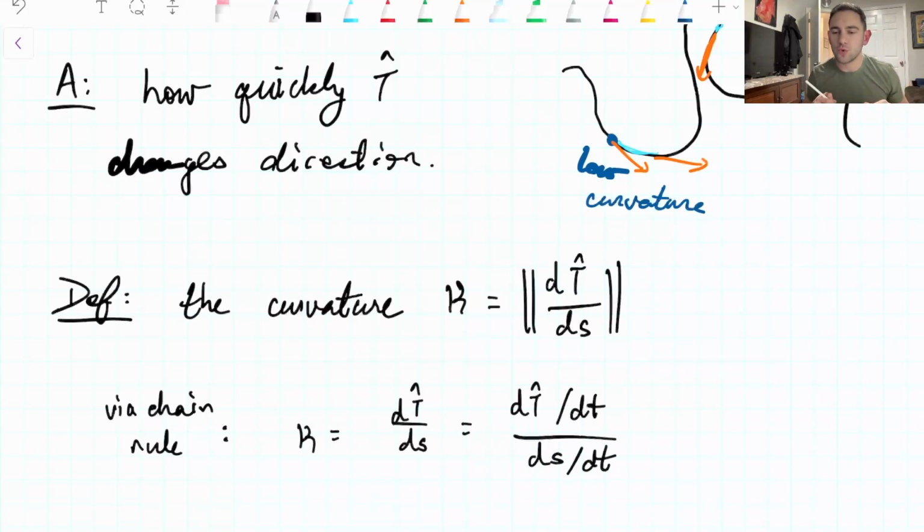A good way to remember chain rule is whenever derivatives behave like fractions. Right? Derivatives are not fractions, but sometimes they behave like fractions. And in some shorthand way, whenever a derivative behaves like a fraction, it's because you're invoking the chain rule. So it's as if the dt's cancel.